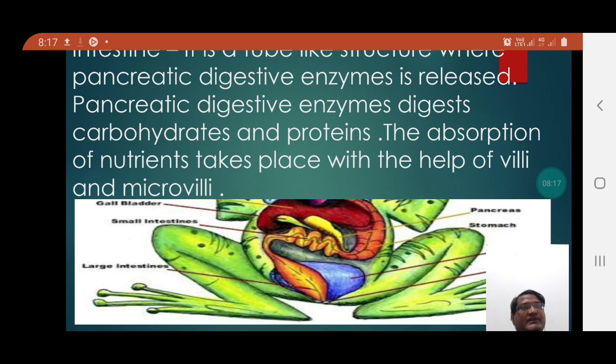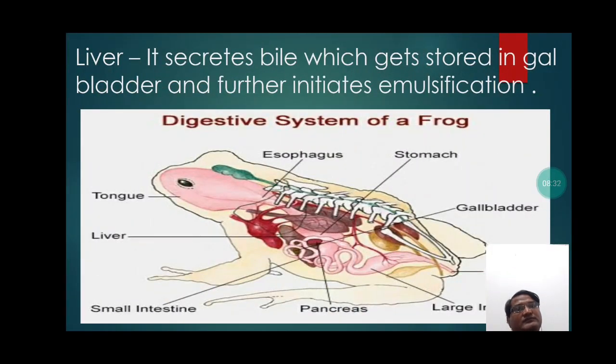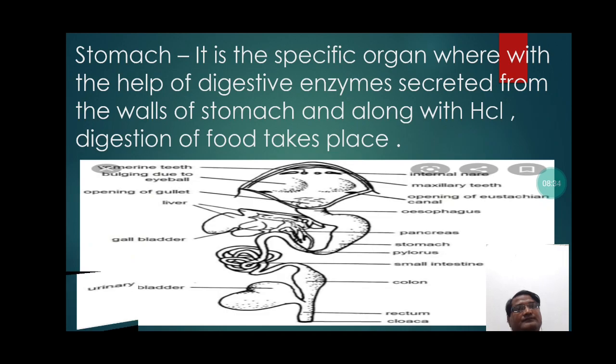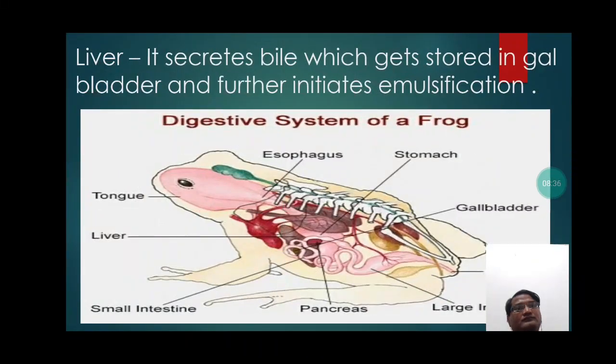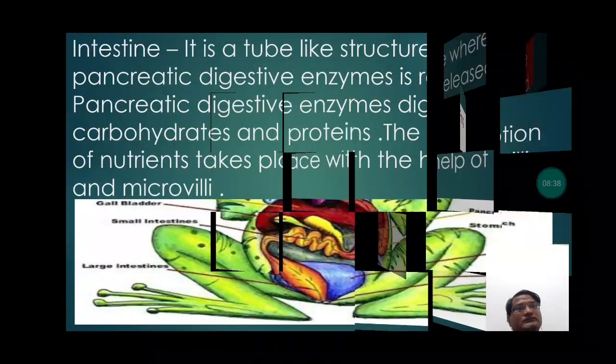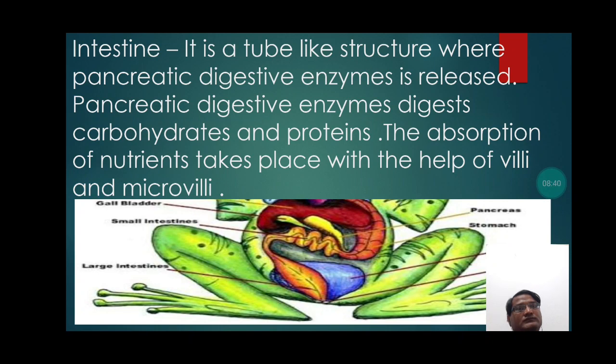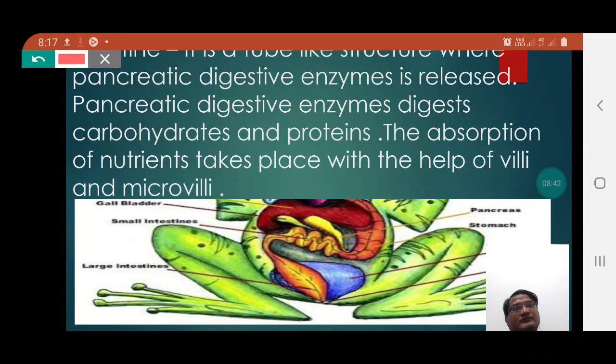Intestine is the most important part of the digestive system of frog, as it is the exact place where pancreatic digestive enzymes are released, and pancreatic digestive juice further digests carbohydrates and proteins.